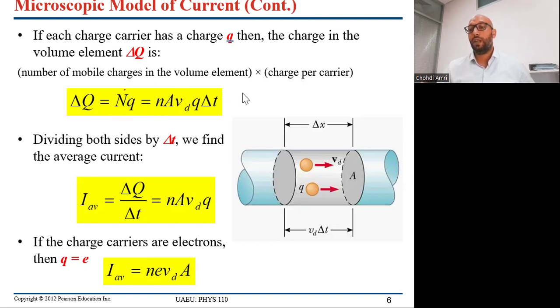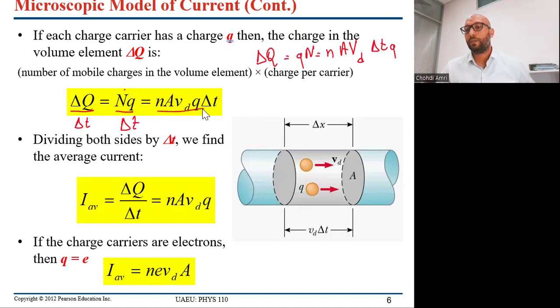And we know that N from the previous slide is equal to n A Vd delta t. If we multiply by q, we will get delta Q. So now, if we divide by delta t on the two sides, what are we going to get? We will get the average current. So the average current will be n A Vd q, and we are done.